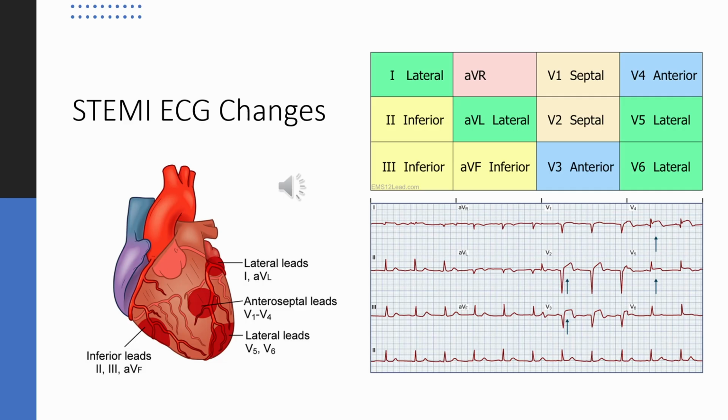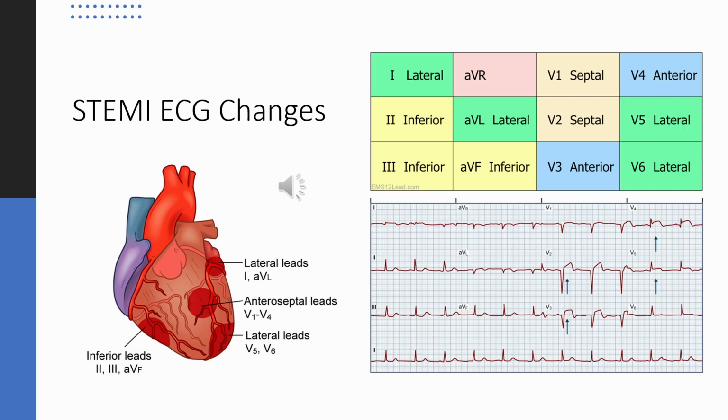We can also have an inferior wall MI, which is blockage in the right coronary artery. A lateral wall MI is a blockage in the left circumflex artery, and a septal MI involves the septal branches of the left anterior descending artery. And then a posterior wall MI may result from the right coronary artery or the left circumflex artery occlusion.